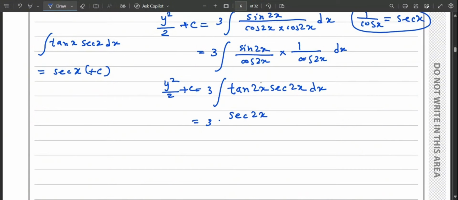But as we have assumed that our 2x is equivalent to x, we need to differentiate 2x and divide our expression by it. And then we have a constant of integration. Let's say this is k. We are using a different constant of integration this time because we do not need to equate the two constants. We have already used c for one of the constants, so we are now using k for the other one.